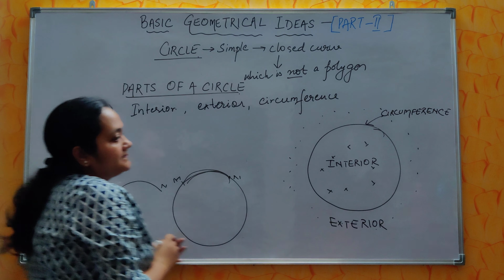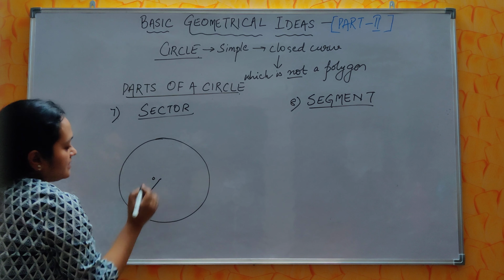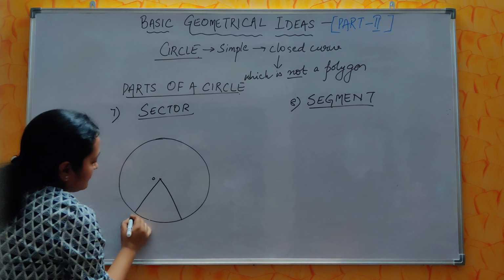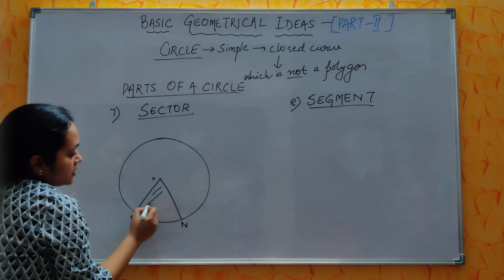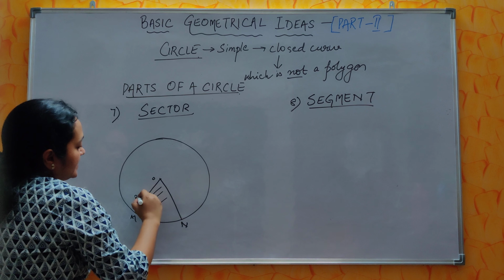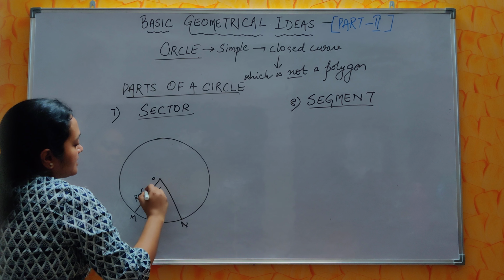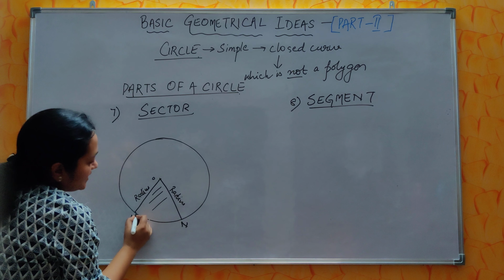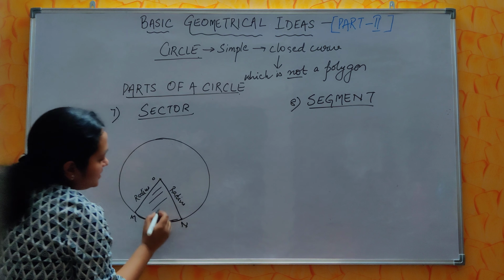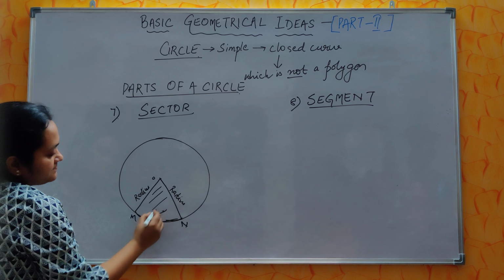If this is a circle and this is the center, we have 2 points M, N. So the region enclosed by the 2 radii of the circle and the arc of the circle is known as the sector.